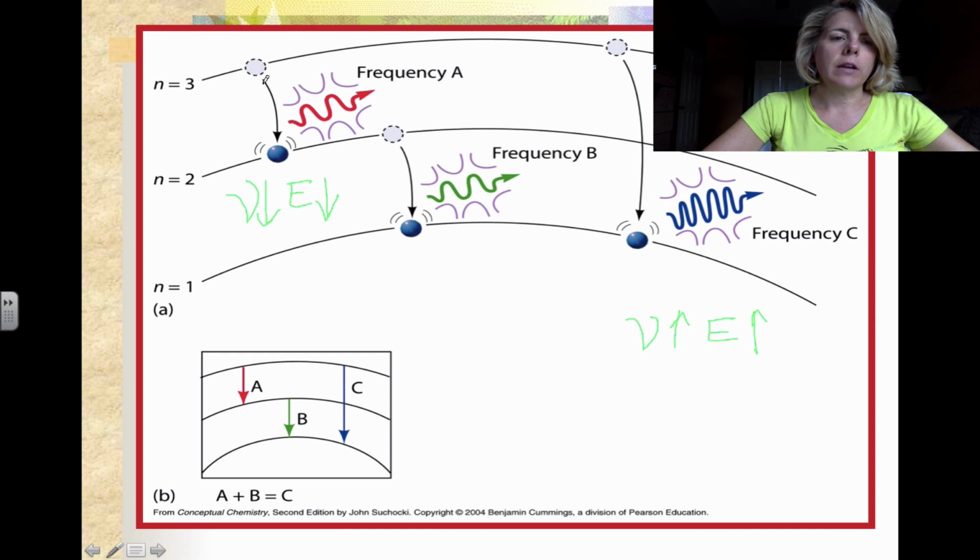Also, when you look at the energy levels, 3 to 2 to 1, this is actually not drawn to scale, unfortunately. There's actually a wider gap between 1 and 2 than there is between 3 and 2. They drew it evenly spaced, but ideally the gap between 2 and 1 is big.